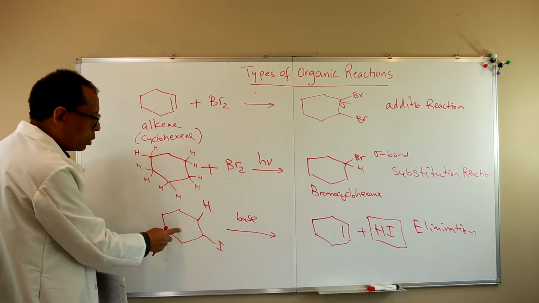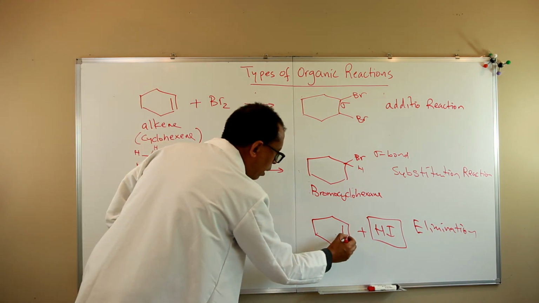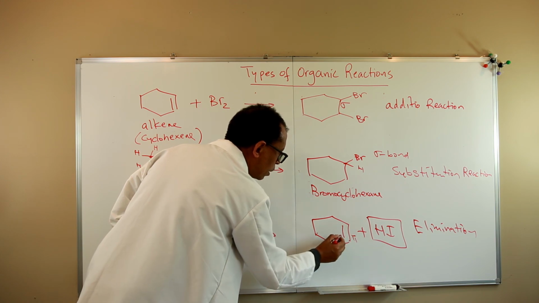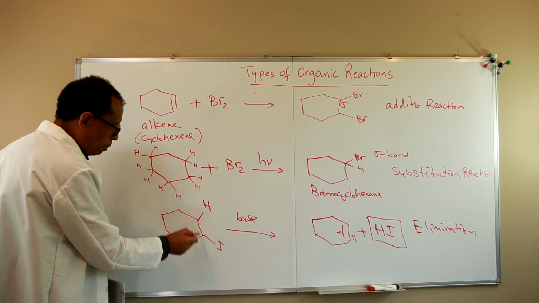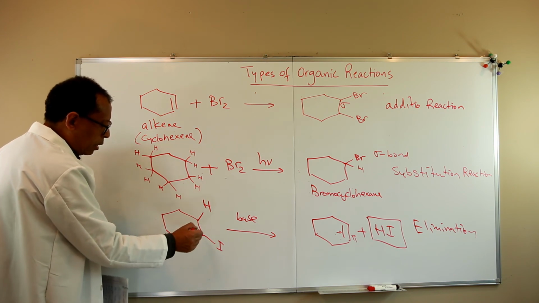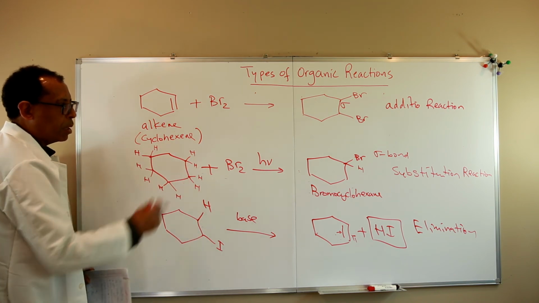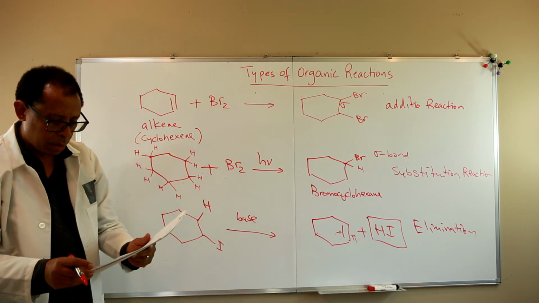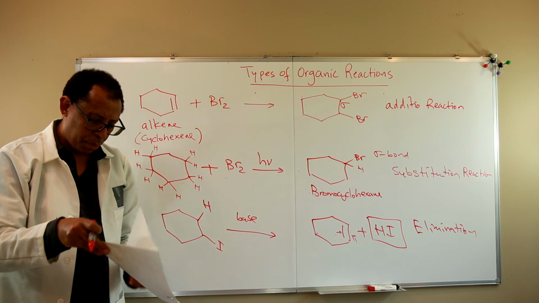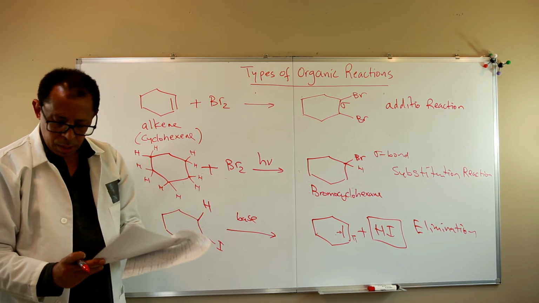And here an elimination reaction forms a pi bond. So you had a sigma bond previously, but out of the elimination you are forming a new cyclohexene compound, which is an elimination product.